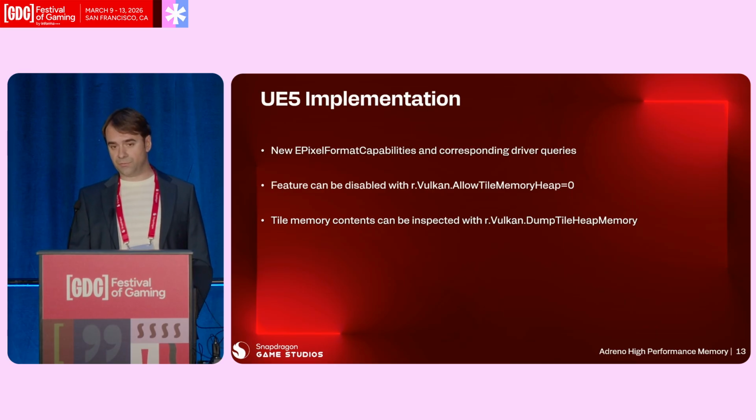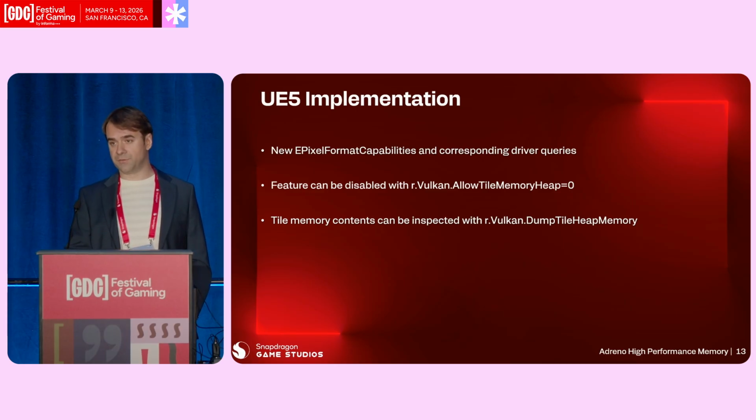And you also have new pixel format capabilities that will let you query the driver to see if tile memory usage is supported for a given format, as well as check whether transfers are supported, which will then let the engine use the fixed function clears and fill buffer and copies.